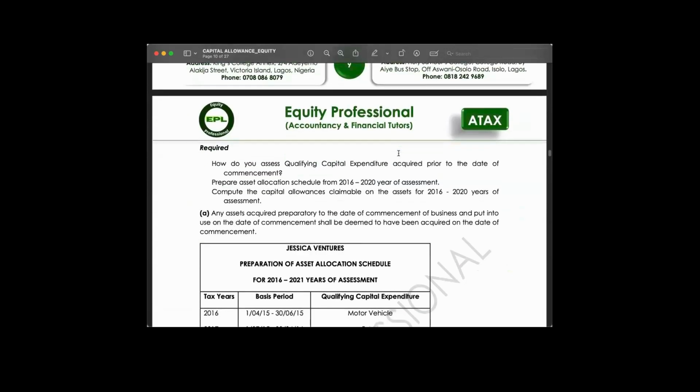Examiner now says you are required to answer the following. How do you assess qualifying capital expenditure acquired prior to the date of commencement? Any assets acquired prior to the date of commencement will be deemed to have been acquired on the date of commencement.